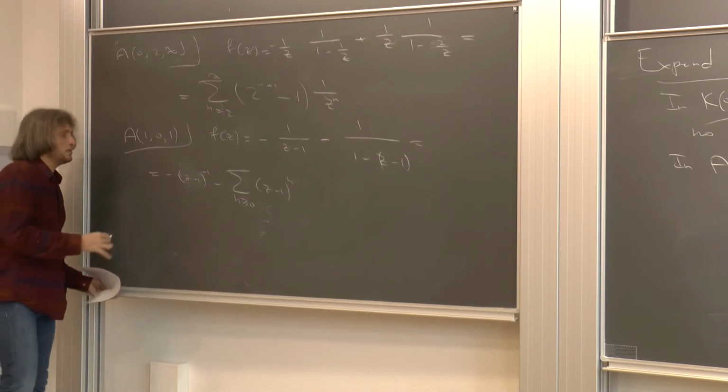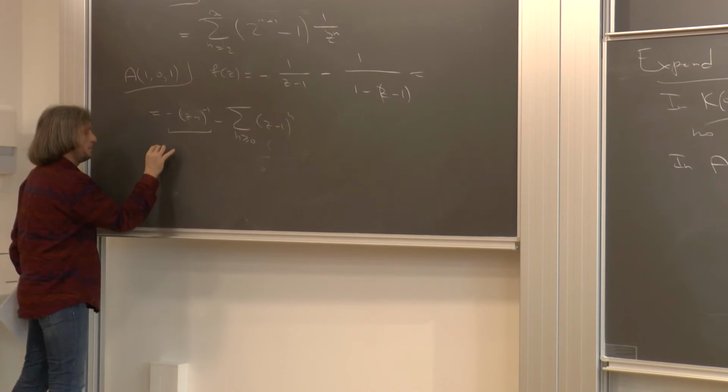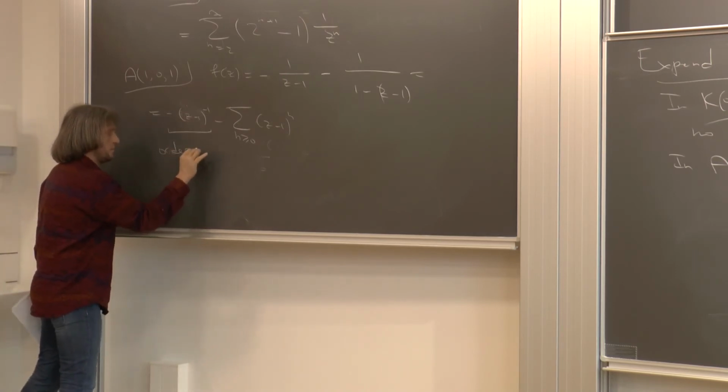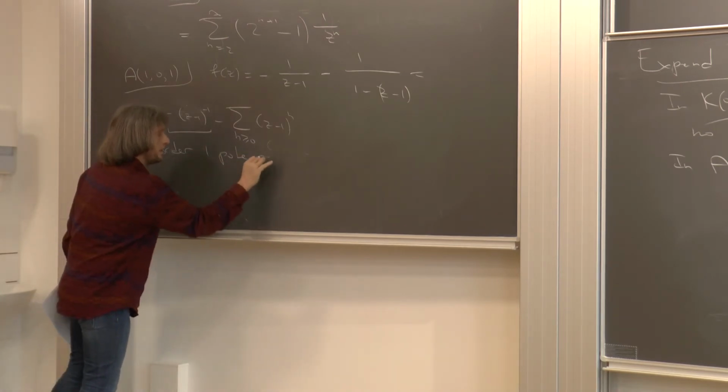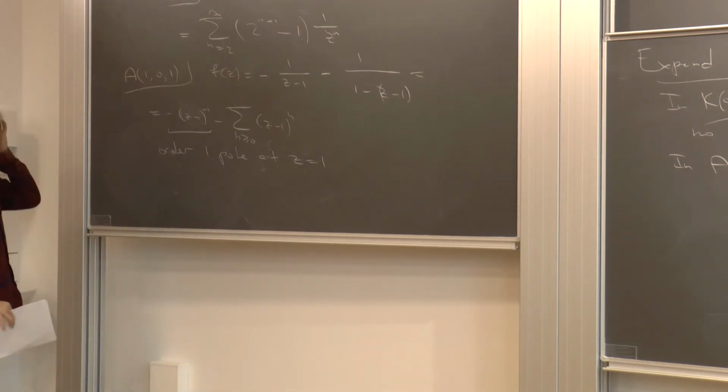So this summand gives us an order 1 pole at z equals 1, which is predictable because it was a rational function.